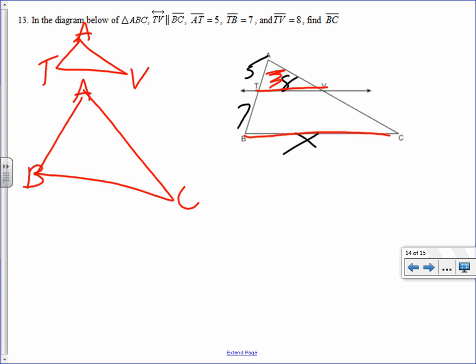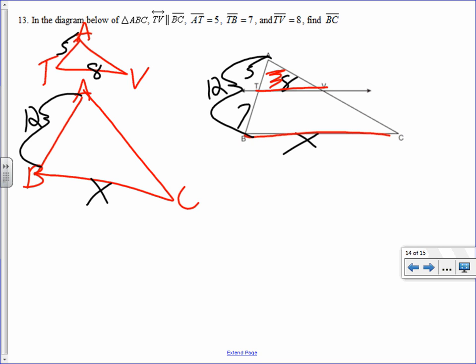Remember, if the bases are not involved, then we make a proportion where we put the top over the top, the side over the side, or the bottom over the bottom. Now I'm going to put this information into the small pictures. This is 8, this is 5. This is X. AB is 12.